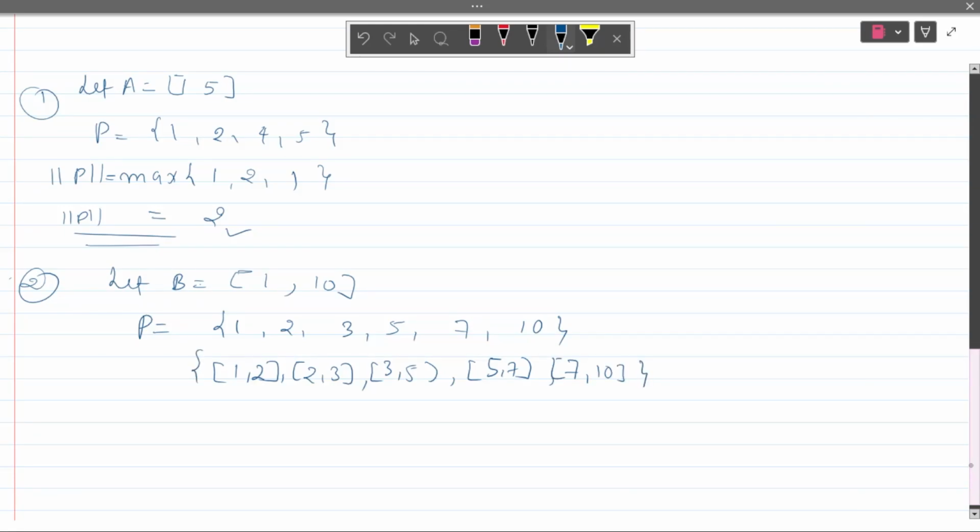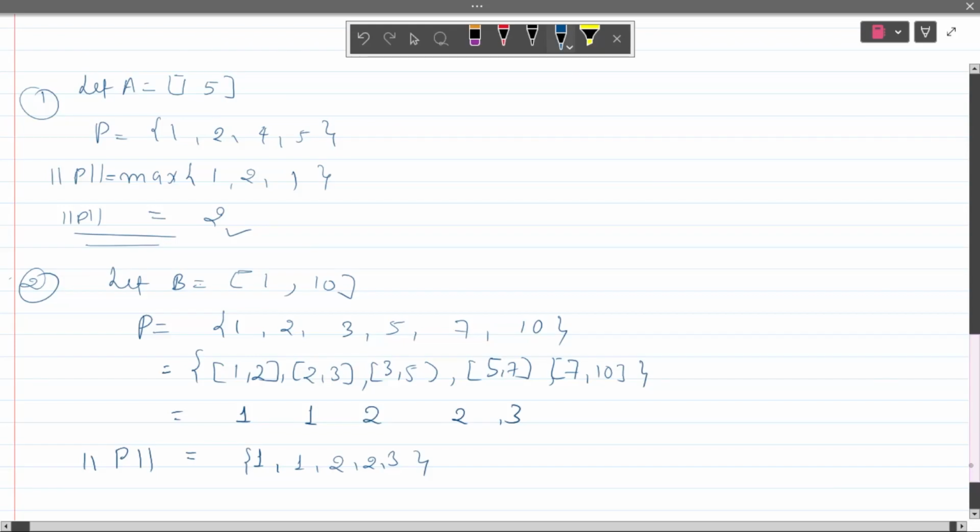We have 5 intervals. Now take the length of all these intervals: that is 1, 1, 2, 2, 3. So how can we write the norm of P? The norm of P is the maximum of 1, 1, 2, 2, 3. So the norm of P will be 3.